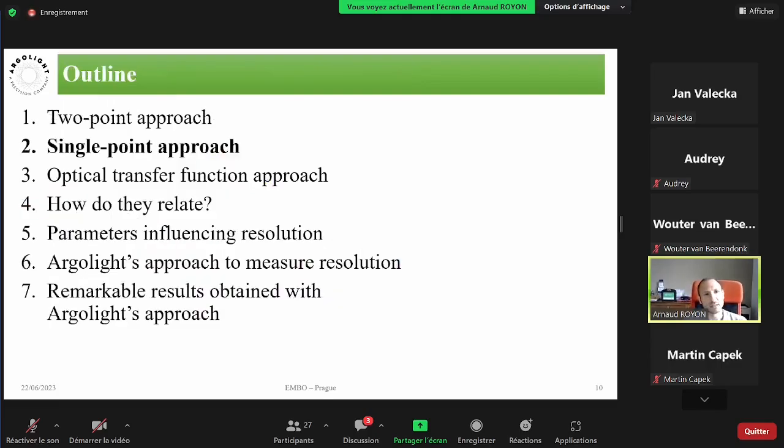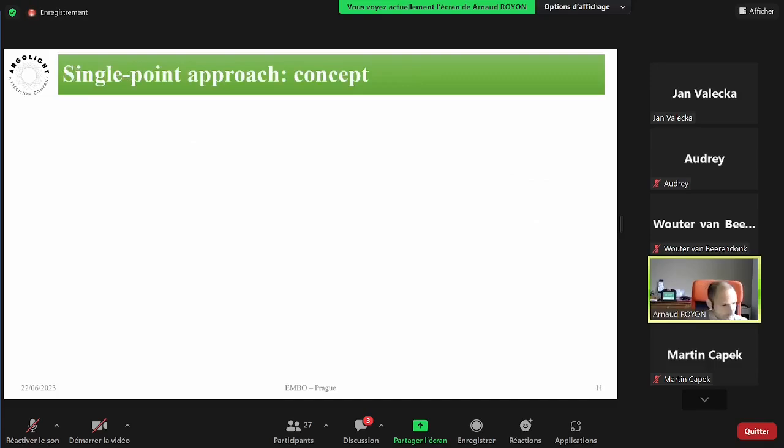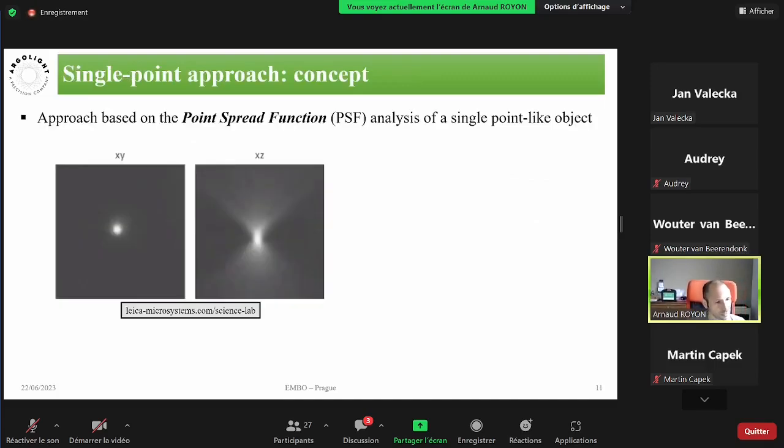All right, let's continue with the single point approach. The concept is very simple. It is to consider one point-like object emitting fluorescence. Again, a point-like object, a point source, has a much smaller size than the resolution of the system. And of course, as you know, the image of such an object is the point spread function of the microscope, which basically describes how the light spreads from a point source.